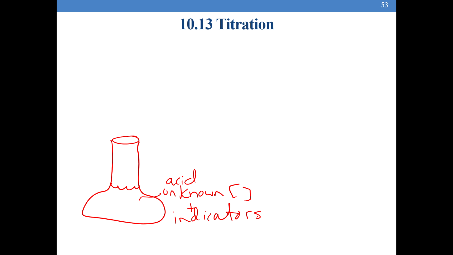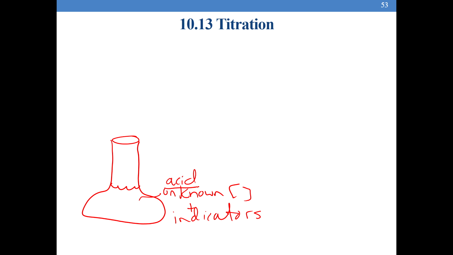Okay, so you might have an indicator that in an acid is totally clear and colorless, looks like water, and then in the presence of a base, it turns pink. Or in an acid, an indicator could be blue, and in the presence of a base, it changes to green or something like that. Okay, there's a lot of indicators out there.